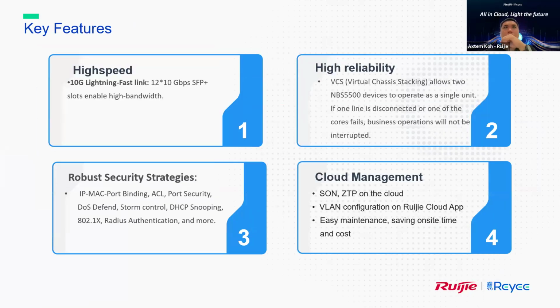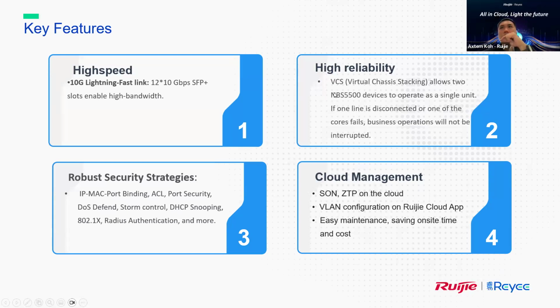What are the key highlight features for this model? Definitely high speed 10G, with 12 ports of 10G SFP+. IP-MAC port binding, ACL, port security, DoS defense, storm control, and 802.1X RADIUS authentication are all supported in this core switch layer.